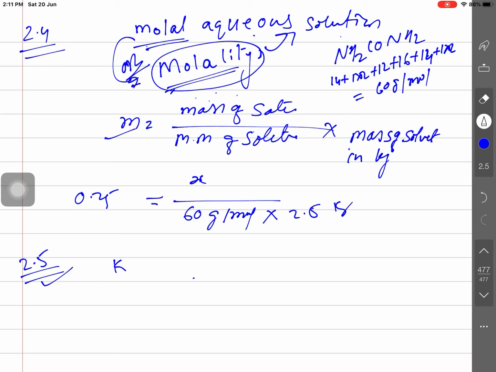Atomic mass of potassium is 39 plus iodine is I think 126 or 127, so this is the molecular mass of KI, you calculate it. And the mass by mass concept, 20/80. Okay, thank you.